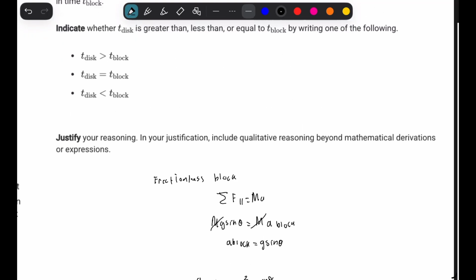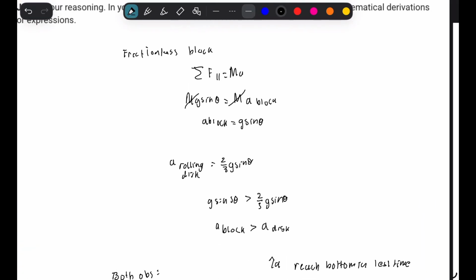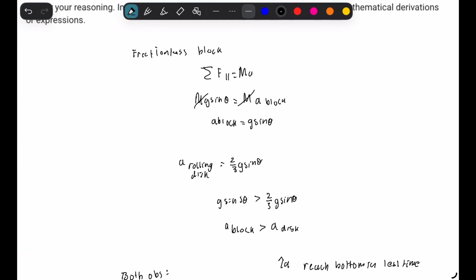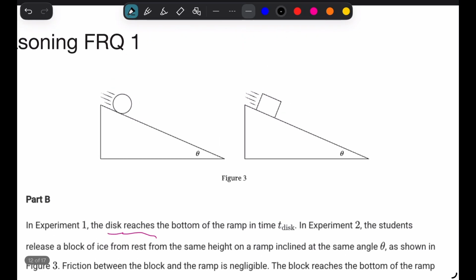So for our block of ice, it's not going to rotate. Because the block doesn't rotate, the full component of gravity that acts along the ramp goes into speeding up the motion of the block. And we know that the disk has to translate plus rotate. So here you have UG, and then here your kinetic energy is just K translational, right? And then here your kinetic energy will be equal to K translational plus K rotational.